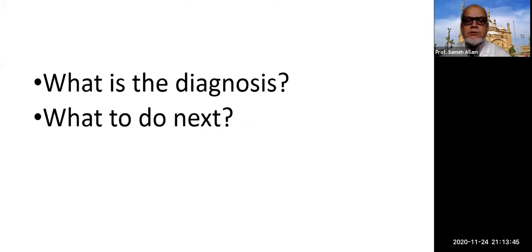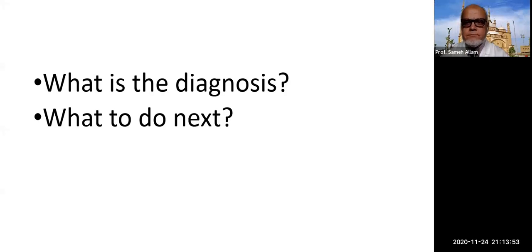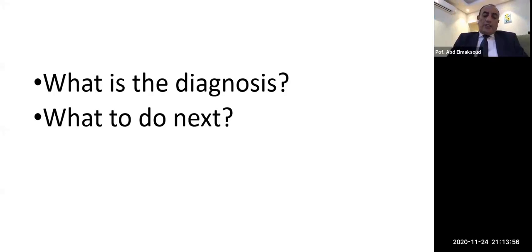What is the diagnosis and what should we actually do? If you allow me, Dr. Sameh, to give a comment. Go ahead. The catheter is selectively cannulating the LAD, and the tip of the catheter is hitting the roof of the LAD, and in the lateral view I can appreciate there is staining and complete occlusion in the LAD.